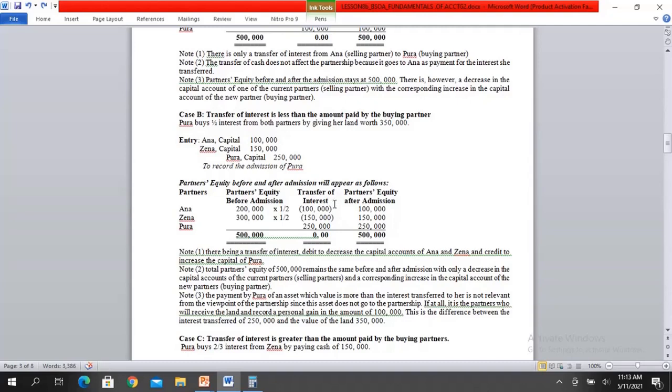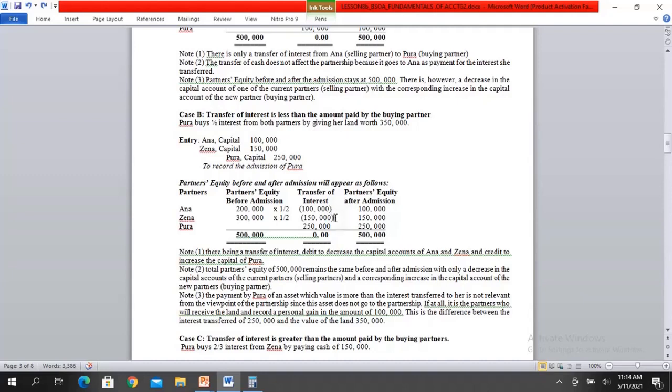So, magkano naman yung kalahati ng kay Zina? 300,000 times 1/2 is 150,000. So, parehas silang binilhan ni Pura ng tigkakalahati ng interest nila. Ayan. So, 100,000 plus 150,000 equals 250,000. So, etong amount na binawas natin kay Ana at saka kay Zina, eto yung amount na binili ni Pura.